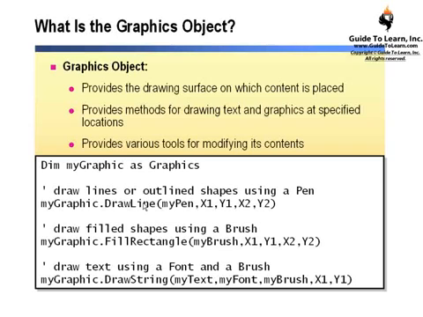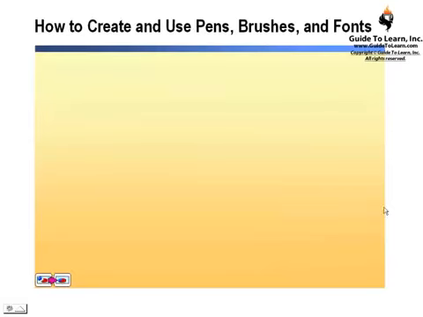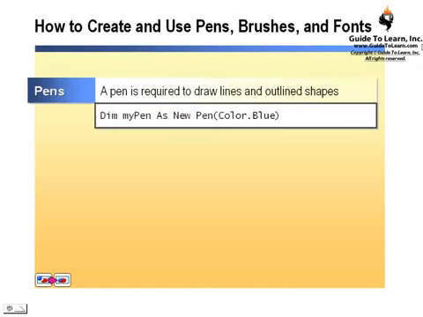Again, remember that creating a pen, creating a brush, and text and everything comes from the graphics, which we're going to talk about later on in other chapters. But here, how to create a pen, brush, and font basically got introduced. The pen itself is required to draw a line and outline shape. In order to create a new pen, all you have to do is create a new pen and specify the color for that pen.